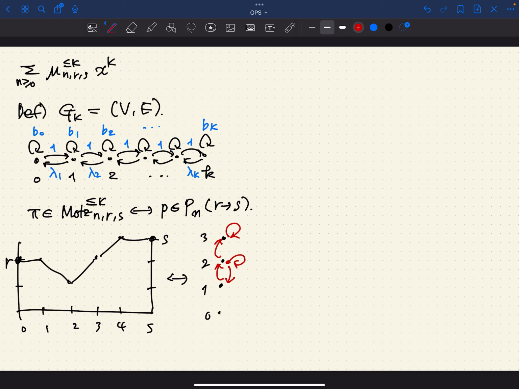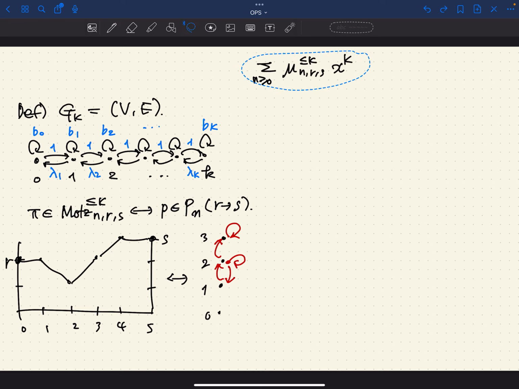All right. And now that we have this graph, maybe I can just move this somewhere here. Okay, sorry. I'm going to put x everywhere. Oh, this was a typo. Sorry, this must be n. This means that we have to multiply x to every step, because this is the number of steps.